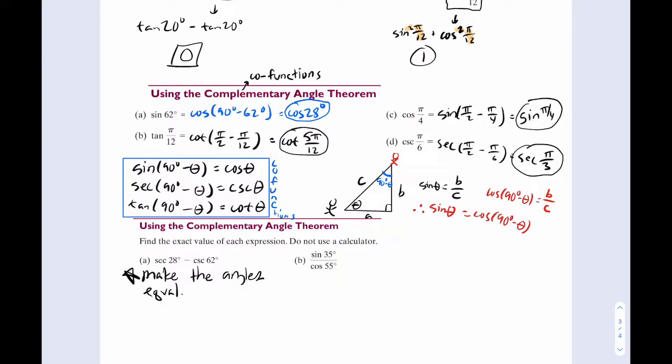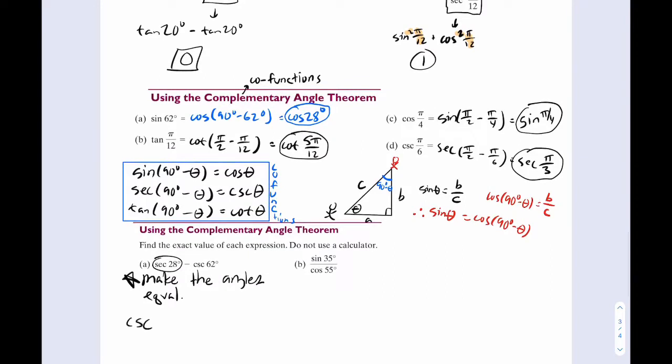No. So pick one of them. I'll just pick this one. We're going to change that using a cofunction. So the cofunction of secant is cosecant. So that's going to be cosecant 90 minus 28, minus cosecant 62. That's just cosecant 62 minus cosecant 62. 0. Done.